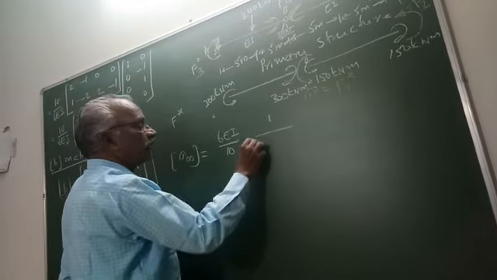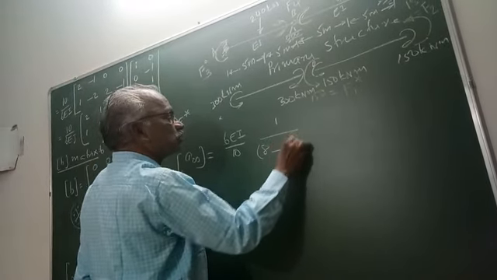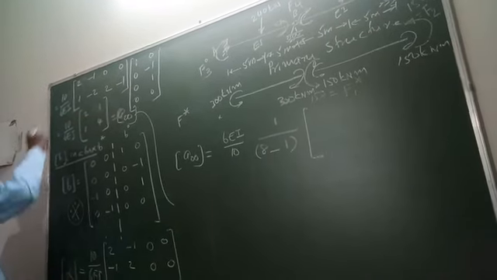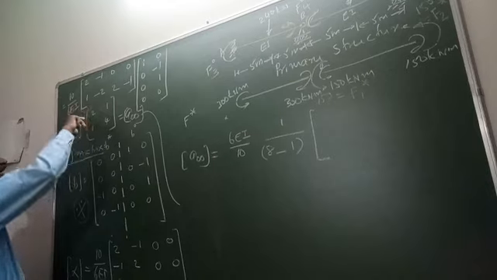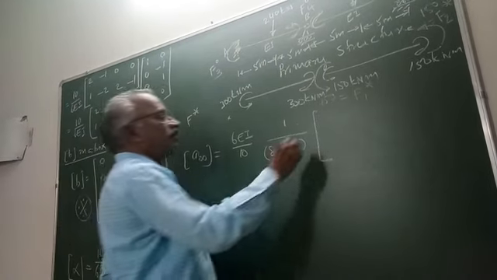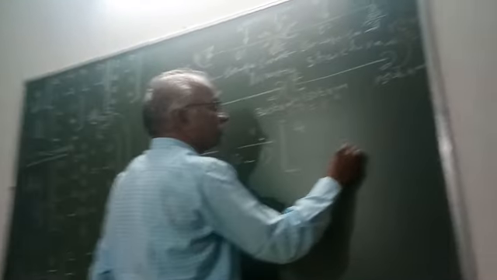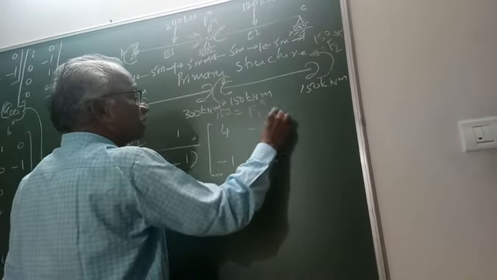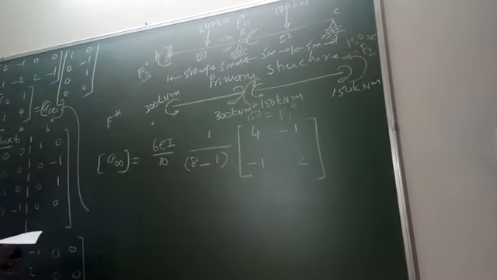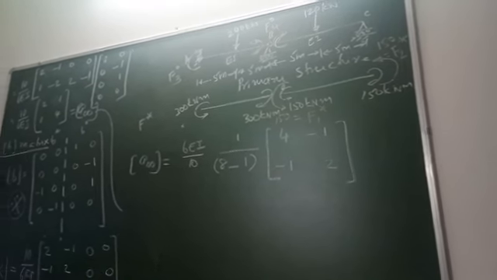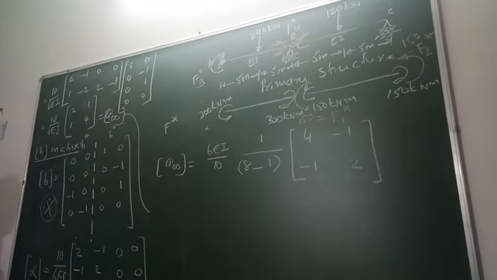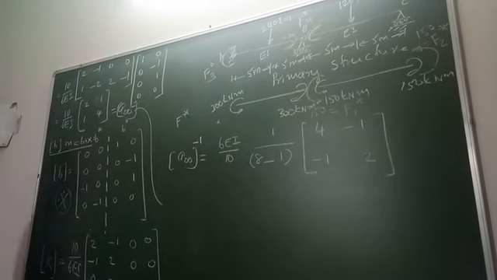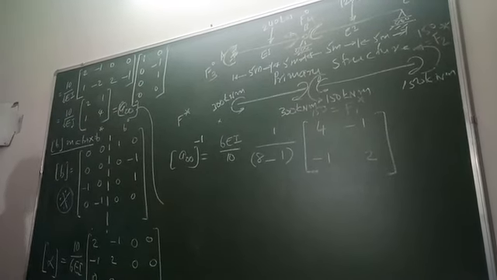So 1 by determinant will be 1 by 8 minus 1, into the adjoint of the matrix. In the adjoint, 2 and 4 get interchanged: 4 will come here, 2 will go here, and the other values will be minus 1, minus 1. This is the A naught naught inverse matrix. So one step is over.